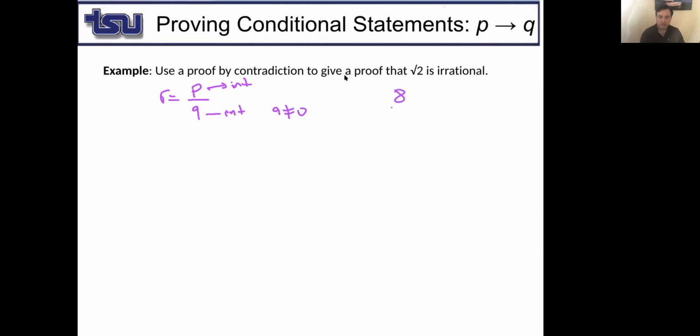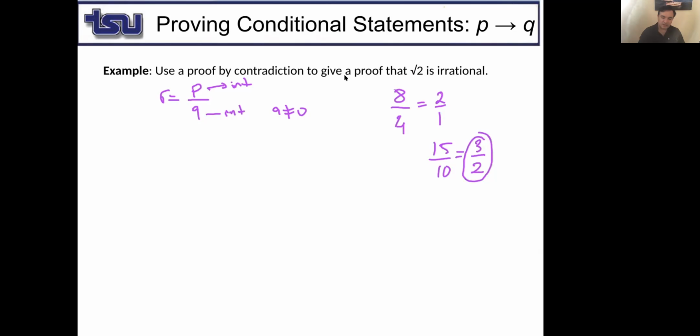For example, 8 over 4 is the same as 2 over 1, right? So both of them are rational numbers with the same value, but there is a minimal representation of a rational number. For example, 15 over 10 is the same as 3 over 2. This is the minimal representation, okay?